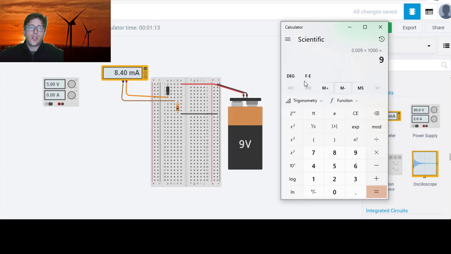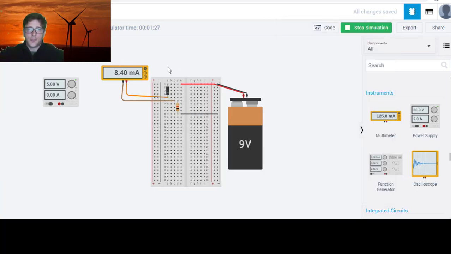Okay, so that's the key point here. There is some voltage drop and current loss, some power loss through this diode, and there's some power loss through the resistor. Okay, it's minimal through the diode and it's minimal through the resistor.